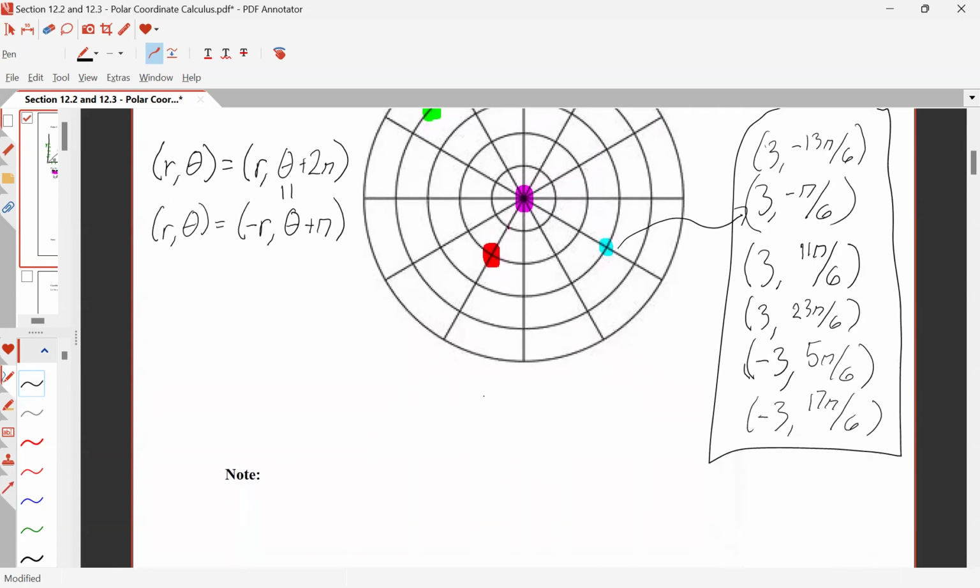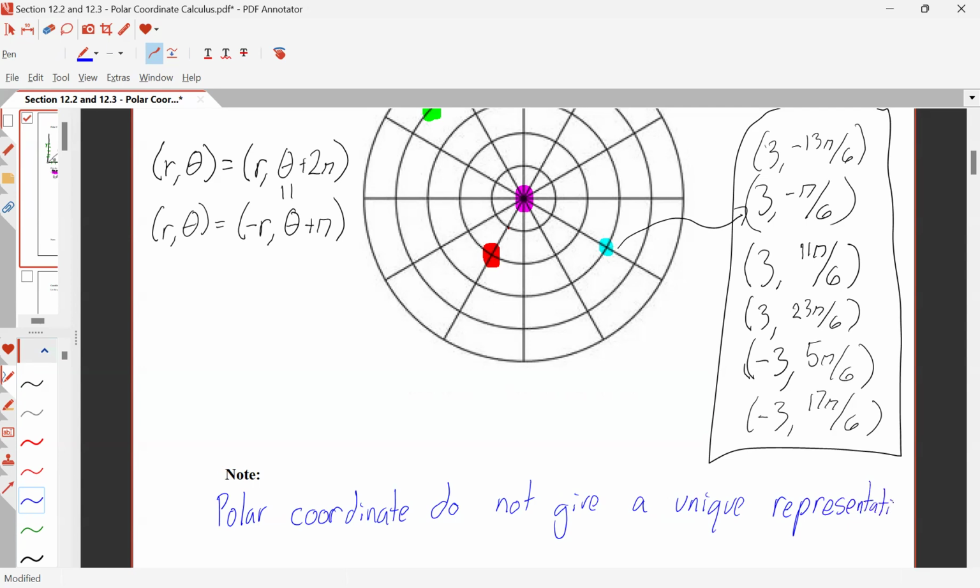So that gives us our note that says polar coordinates do not give a unique representation. When we had XY coordinates, if I said the point 2, 3, there was only one way to write that point 2, 3.